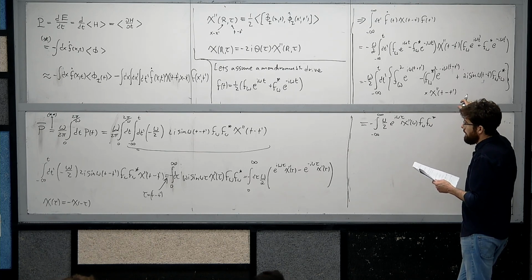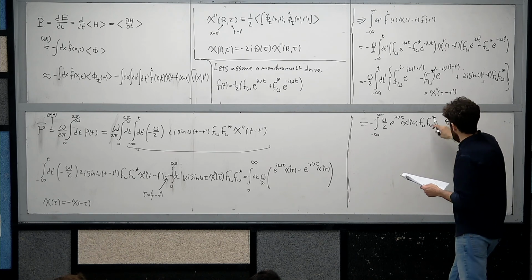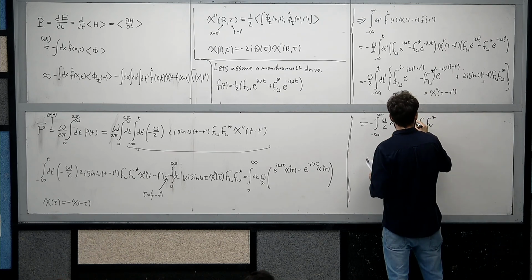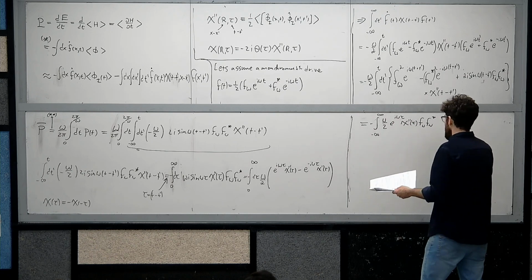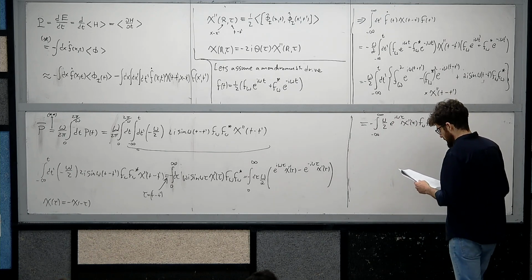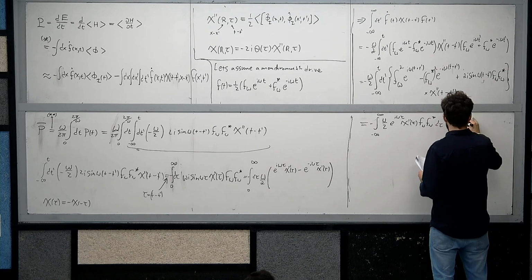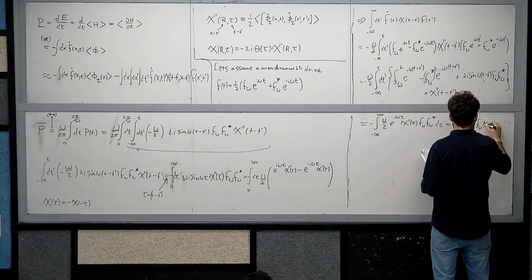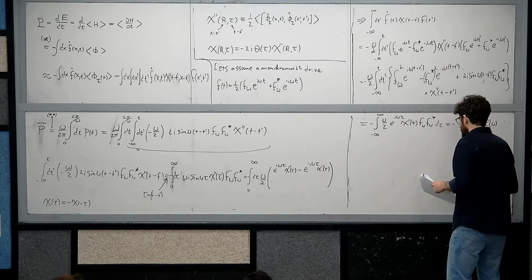So, oh, sorry, this is tau. This is tau. So now I can just perform the integral d tau, and then this thing becomes minus omega over 2 f star omega f omega chi double prime of omega.